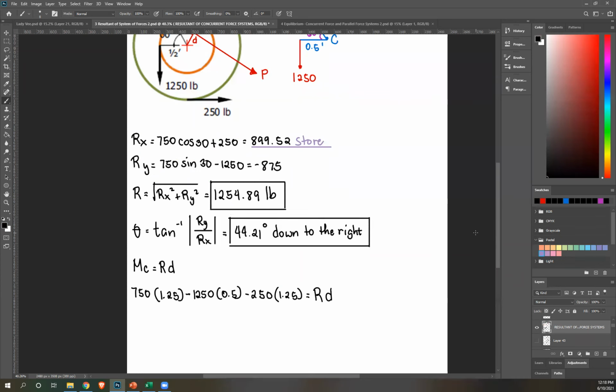Now, if you solve for this, you'll see that D is equal to 0. If you compute for this, that all equates to 0. Therefore, your resultant is at the center of the pulley. It's at the center.